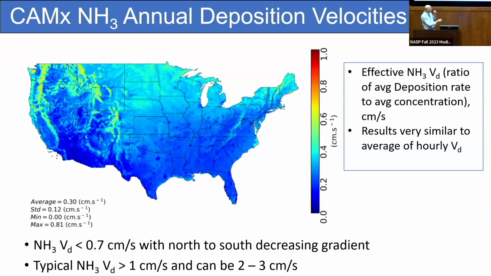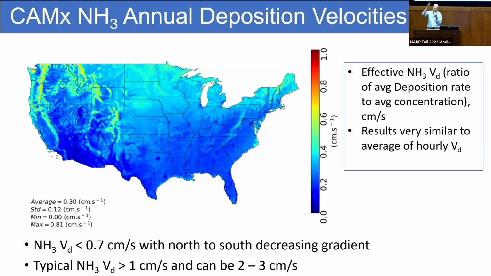And what we're seeing here is deposition velocities of about 0.05 to 0.1 centimeters per second. It gets a little higher, it reaches near 1 in the mountains. Well, what you didn't see in the previous presentations, or you did, but it was hidden, is that the measured deposition velocities tend to be greater than 1.